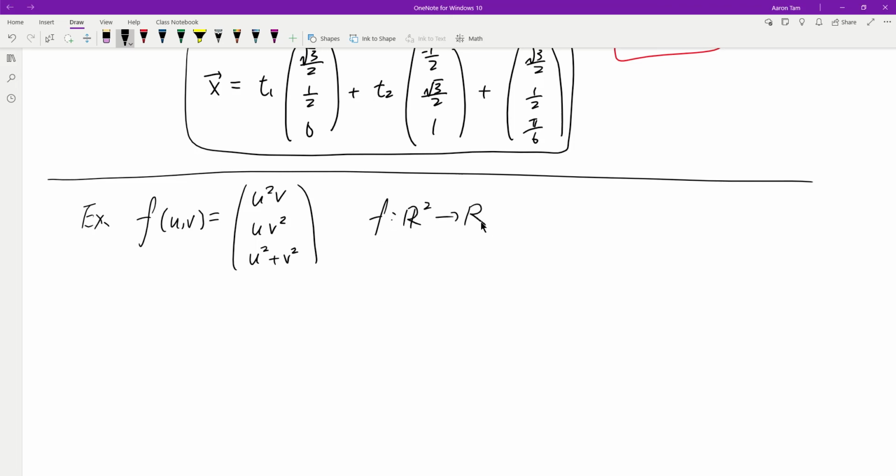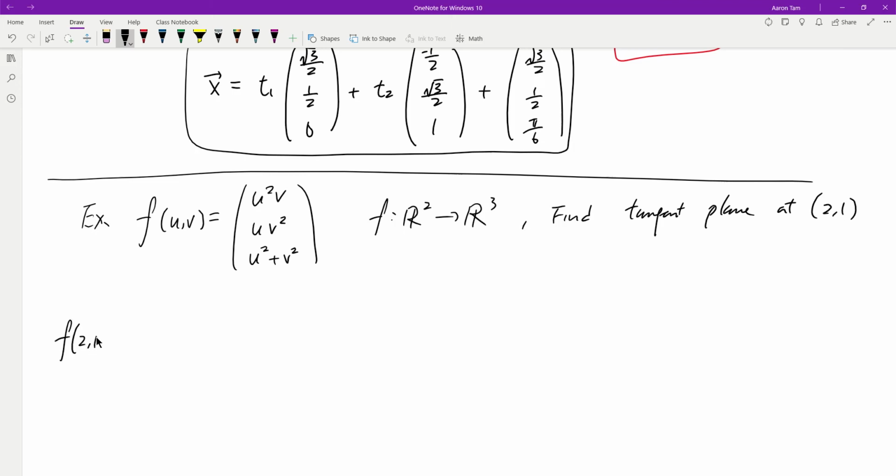This function maps from R2 to R3. Therefore, it's a two-dimensional surface in R3, and we're going to try to form the tangent plane of it. Let's say the question asks you to find the tangent plane at, let's say, (2, 1). Same exact concept. In this case, (2, 1) is our (u sub 0, v sub 0).